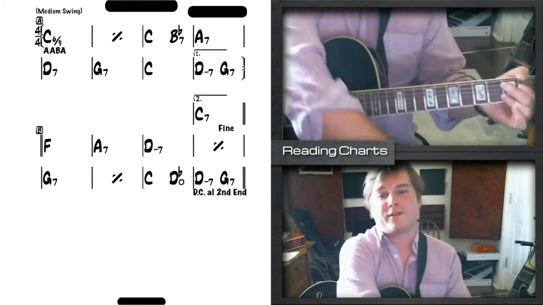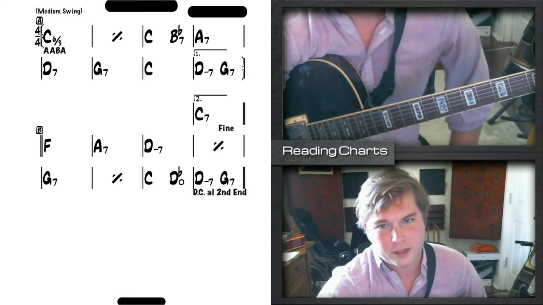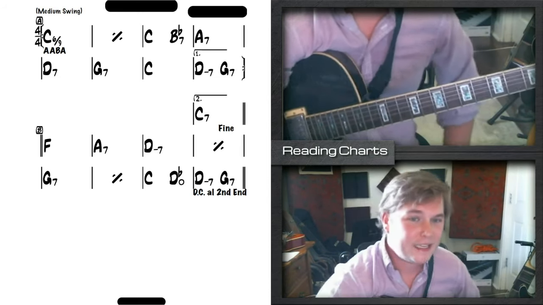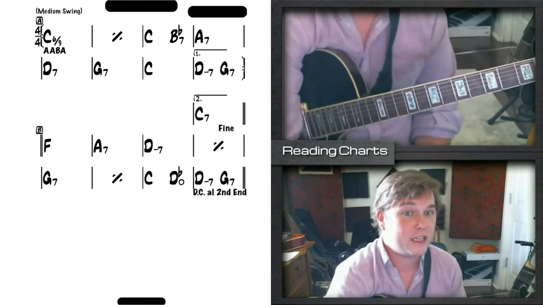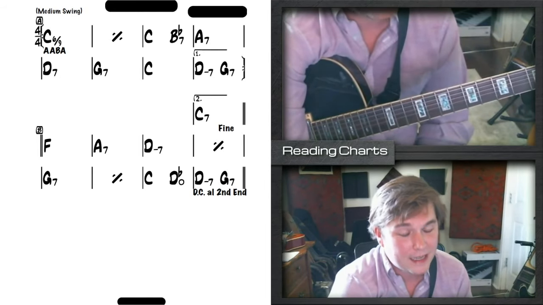And now we have something that happens all the time, right? And this is why I chose this. So we have C, D flat diminished, D minor 7th, G7th, right? Now, we also know that D flat diminished also equals C sharp diminished, right? I probably would have written it C sharp.